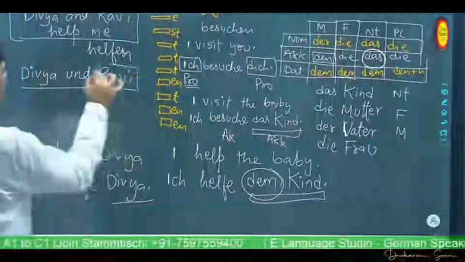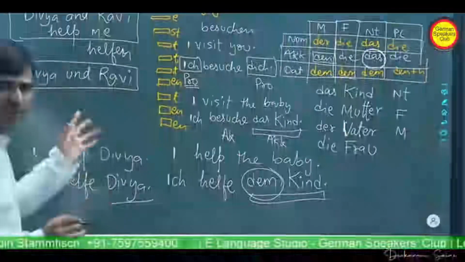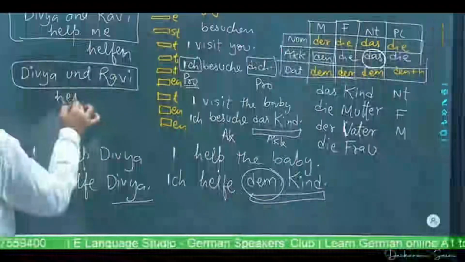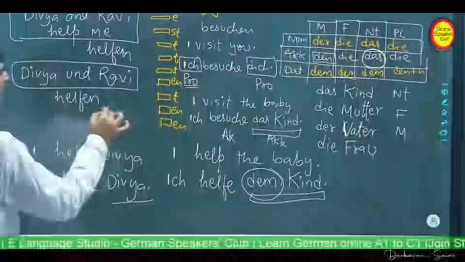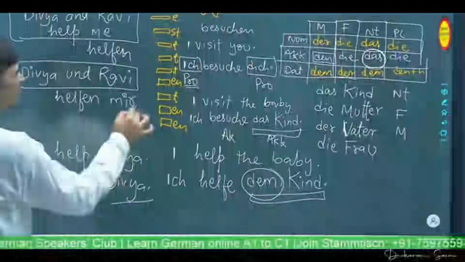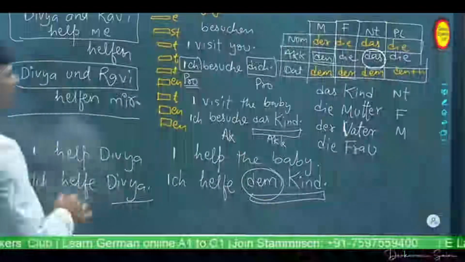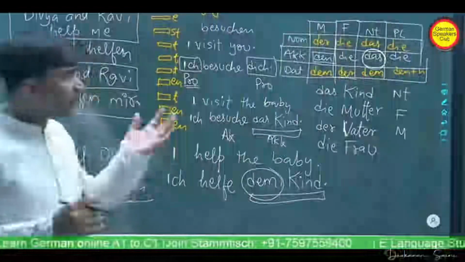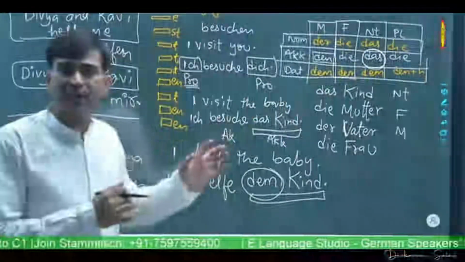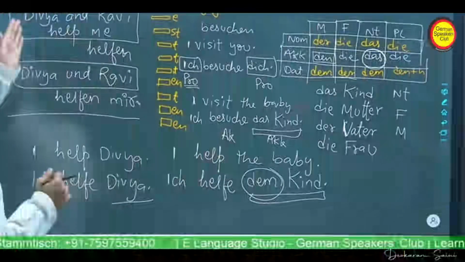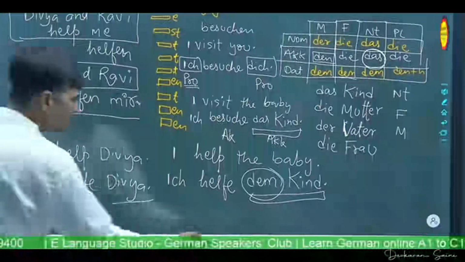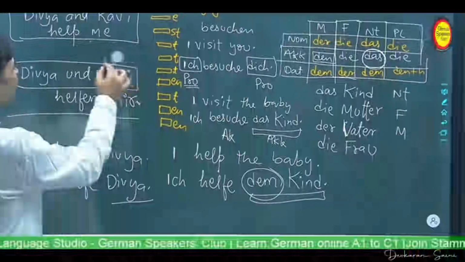Now please pay attention in this sentence. Divya and Ravi, both these people, they help me. So how would I say this? For me I would say mir, because among the personal pronouns ich, mich, mir are available, so me becomes mir.